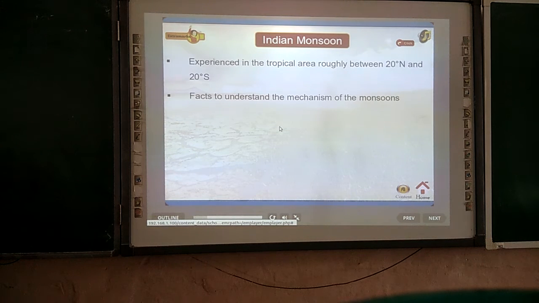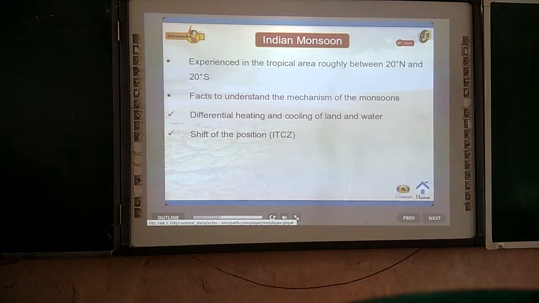There are 5 factors to understand the mechanism of the Indian monsoons. The first one is the differential heating and cooling of the land and water. Second important factor is the shift of the position of the Intertropical Convergence Zone, ITCZ.